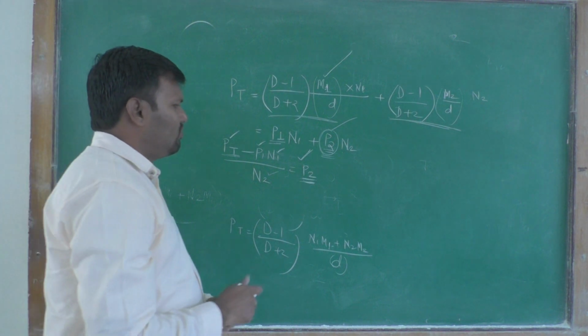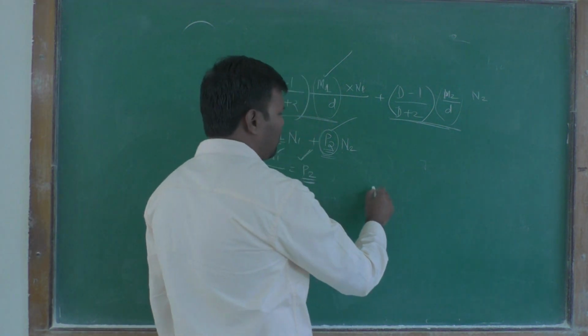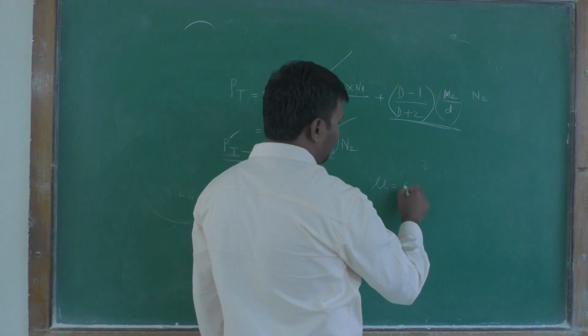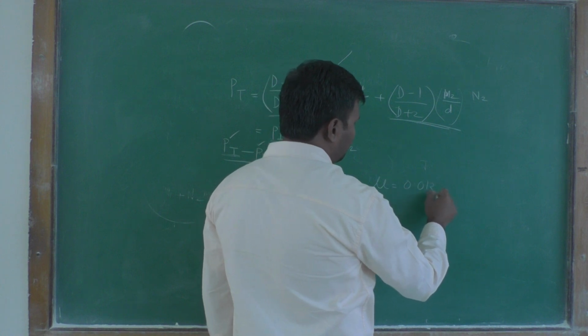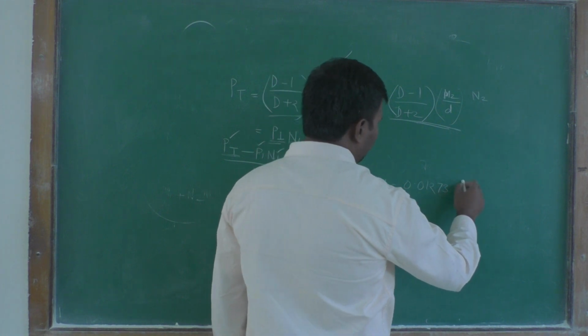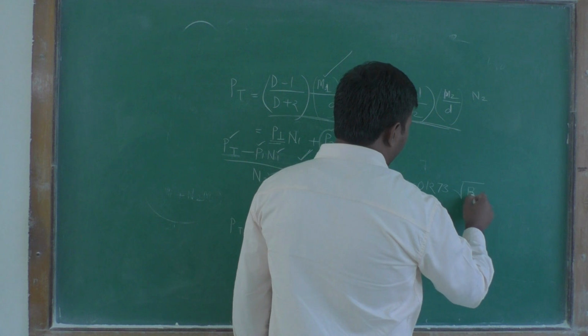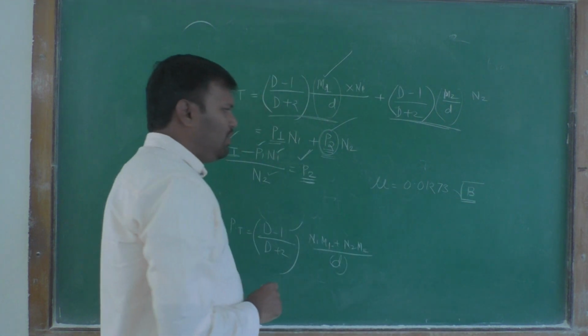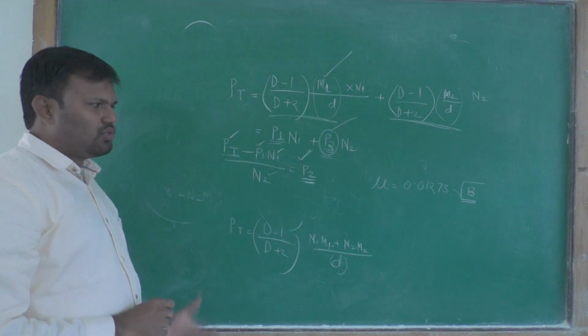Okay, now by using the previous formula, mu is equal to 0.1213 under root b, where b is the slope.